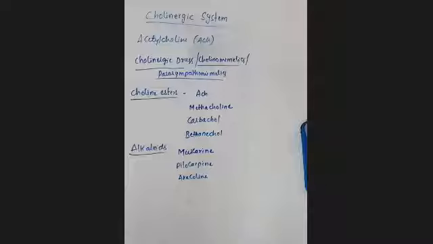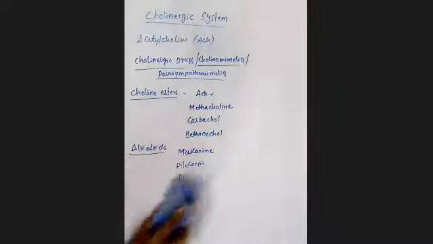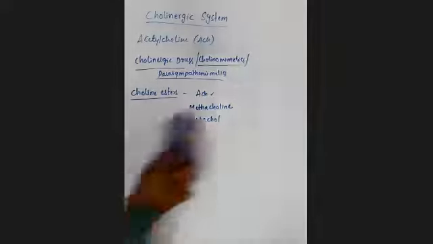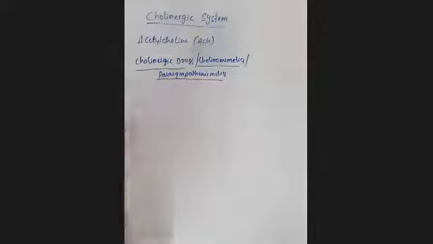These are the drugs which act as cholinergic drugs: choline esters and alkaloids. Among these cholinergic drugs, we are discussing acetylcholine as a prototype. Clear? We'll discuss all about acetylcholine. First, we'll see about the pharmacological actions of acetylcholine.